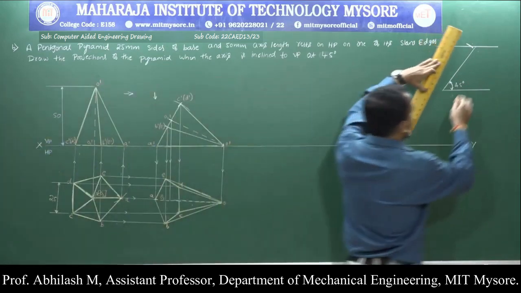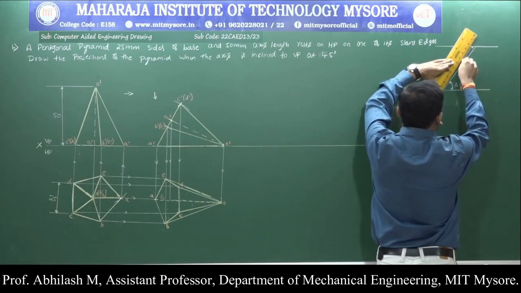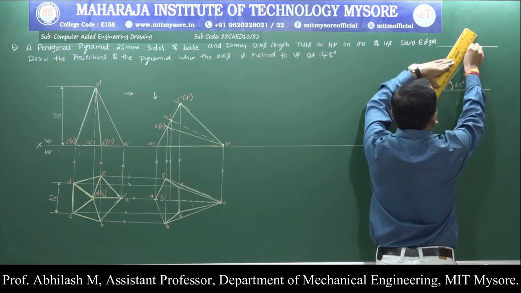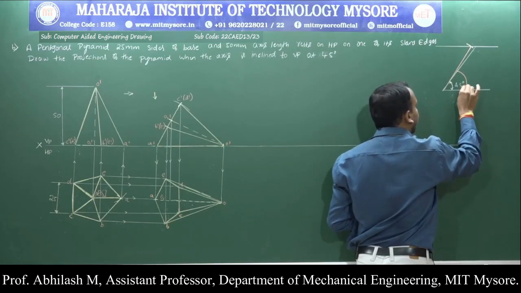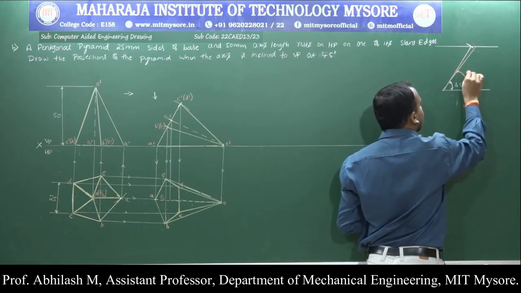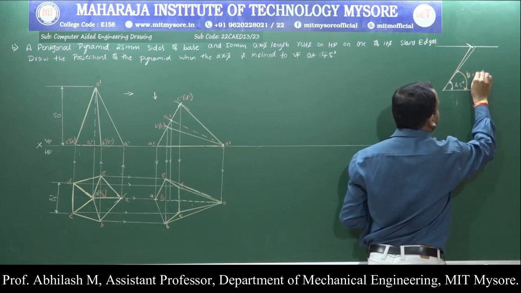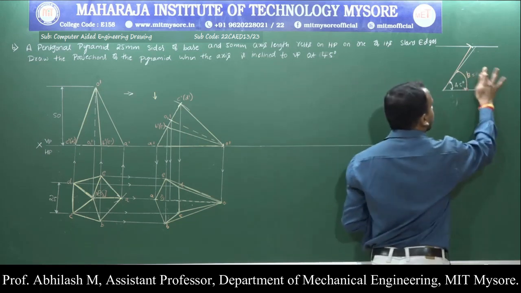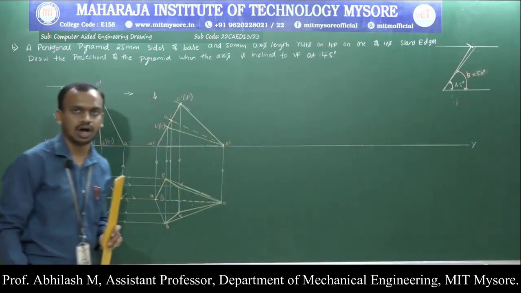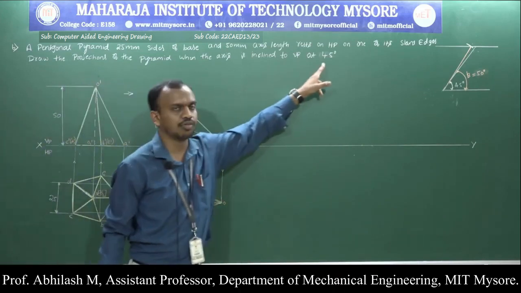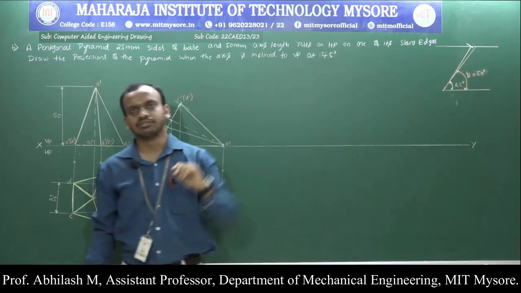Now if I measure the angle of this particular inclination of the axis, I am going to obtain the angle beta, and the beta that we have obtained after measuring is 50 degrees. Beta equals 50 degrees. Now we are not supposed to rest this at an angle of 45 degrees. We are supposed to incline it at an angle of 50 degrees and complete the final position.